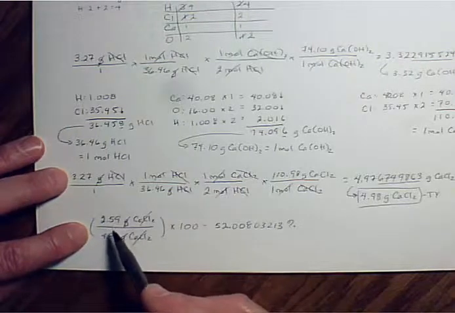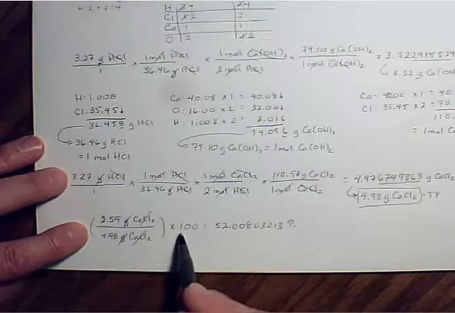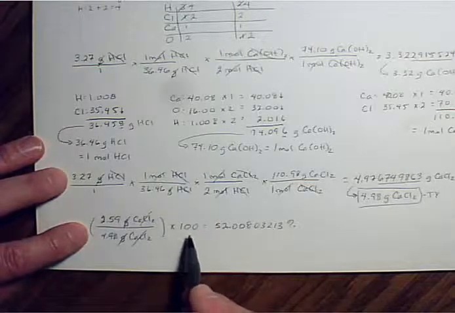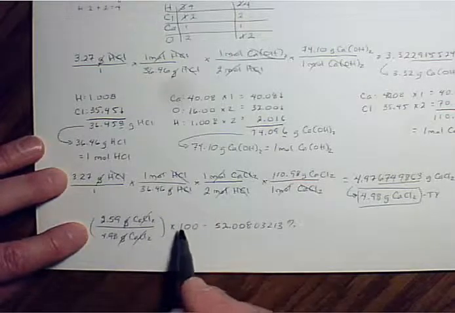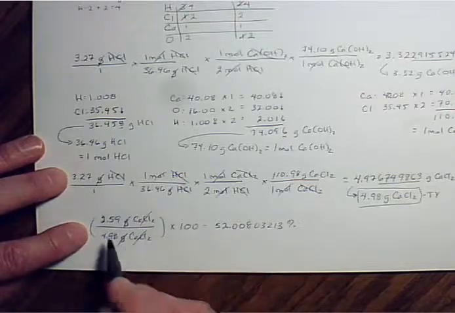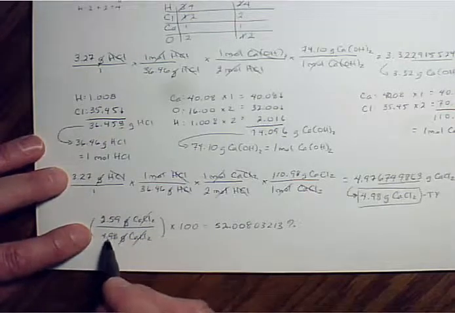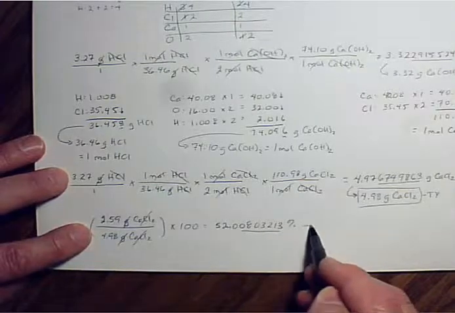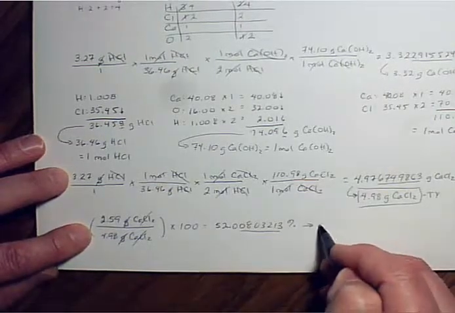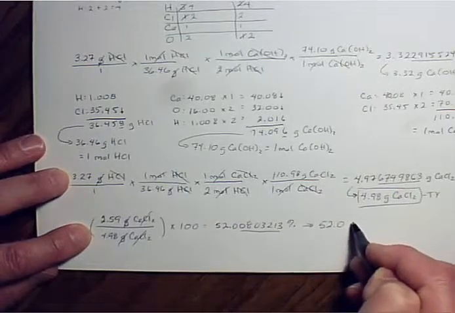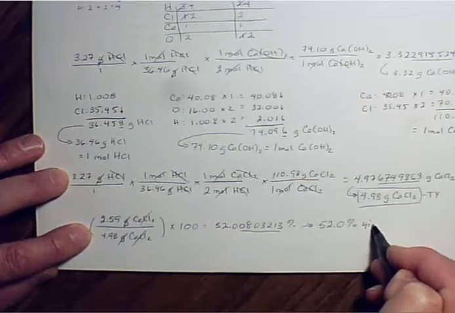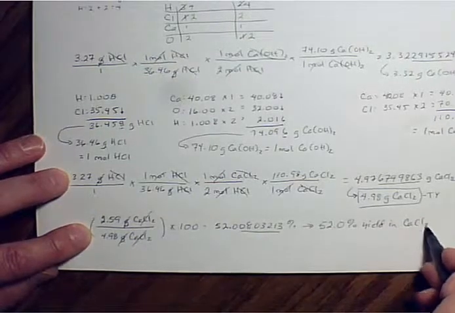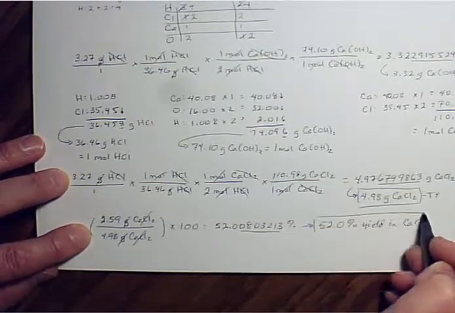Both of them have the same number of digits, 3. Just for clarification, this 100 is never used for significant digits because that's an absolute number. It's defined as being 100. So we have 3 digits here and 3 digits here. We want 3 digits in our answer. Underline everything after the first 3 digits. Draw an arrow to show that we're rounding off. And we have 52.0% yield in calcium chloride.